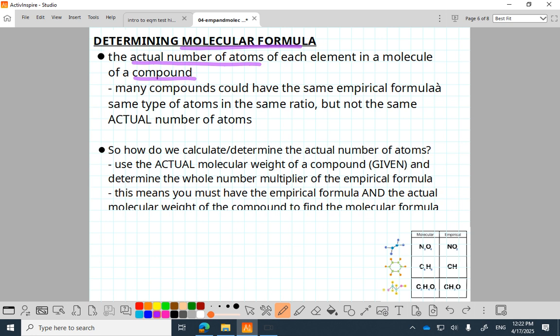So the molecular formula is the actual number of atoms in a compound.